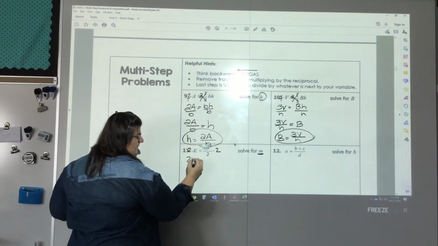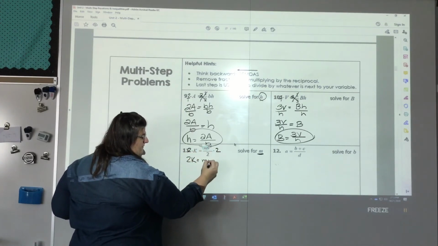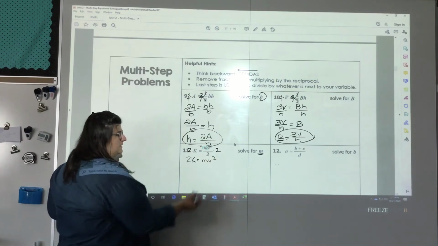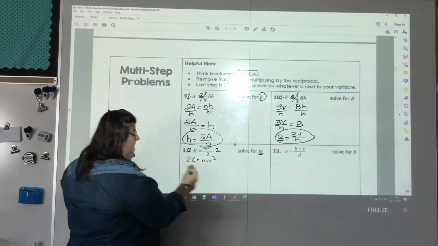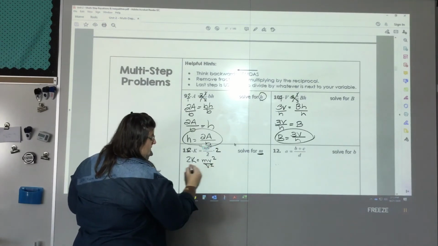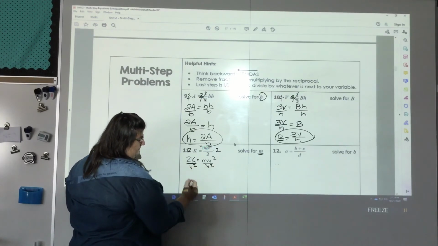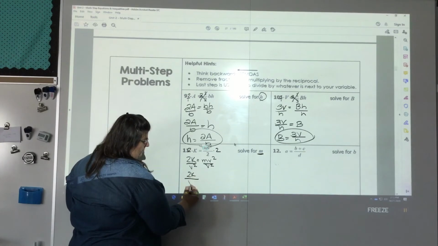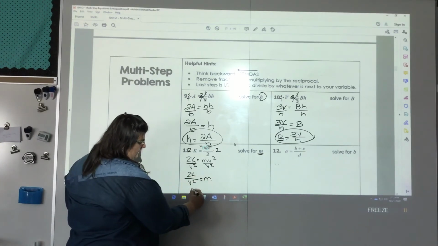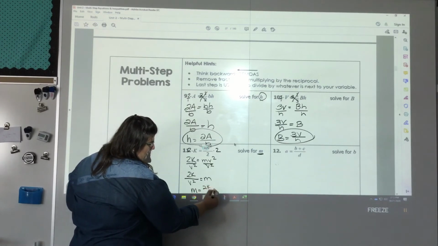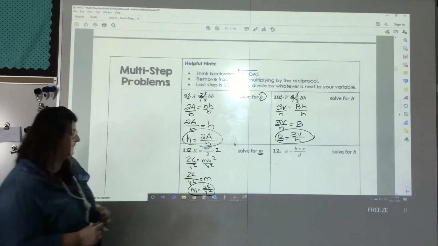So I've got 2k equals mv squared. Still, I'm looking for this m, so I'm going to divide by v squared. So I've got 2k over v squared equals m. m equals 2k over v squared. There we go.